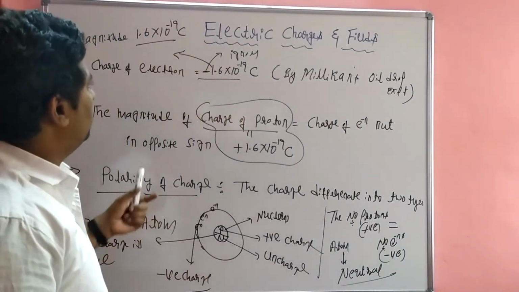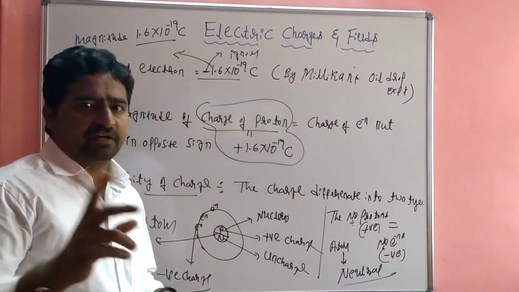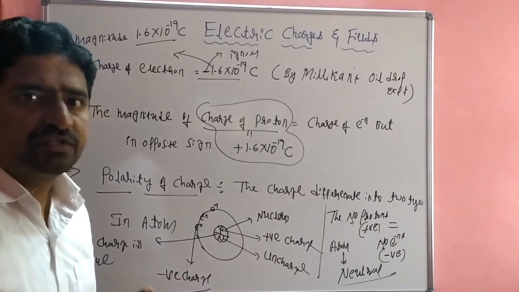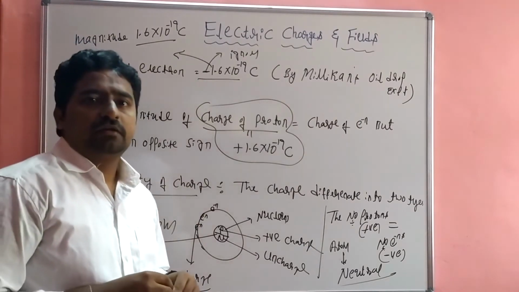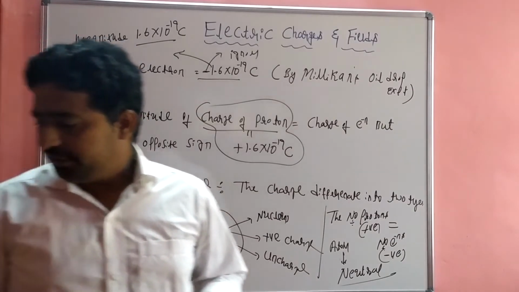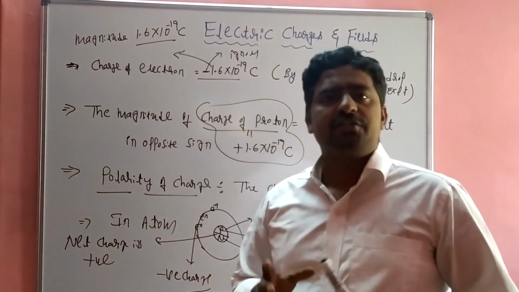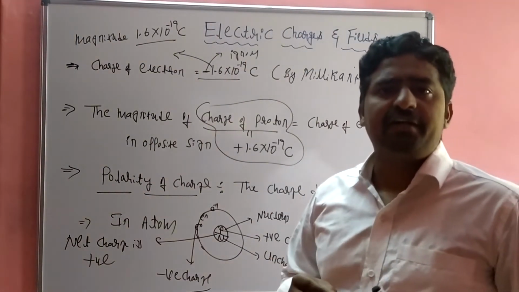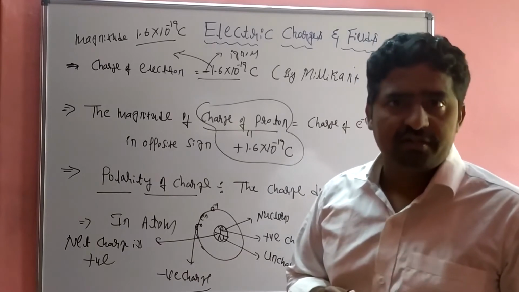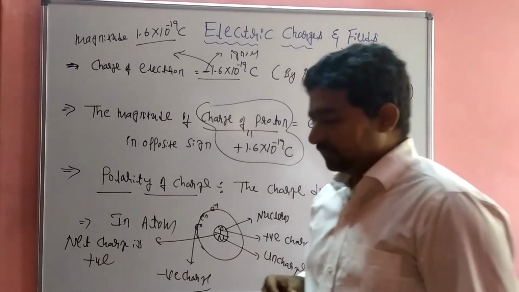Okay, so this is the electric charge, basic things. The charge is bifurcated into two types. Who is the scientist? The scientist's name is Benjamin Franklin. He invented that there are two kinds of charges, positive charge and negative charge.